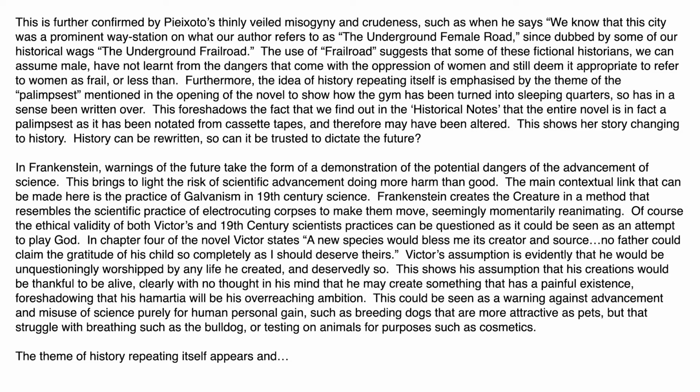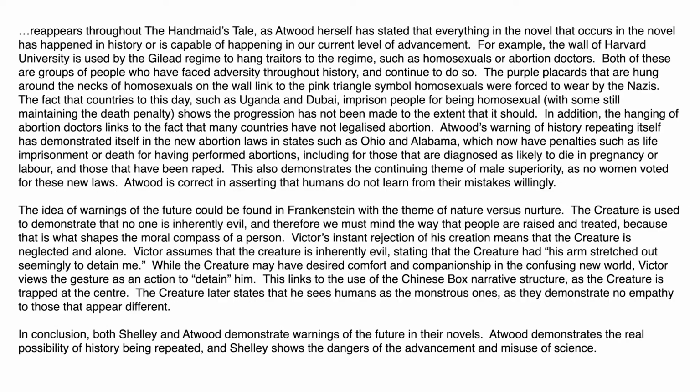The theme of history repeating itself appears and reappears throughout The Handmaid's Tale, as Atwood herself has stated that everything that occurs in the novel has happened in history or is capable of happening in our current level of advancement.